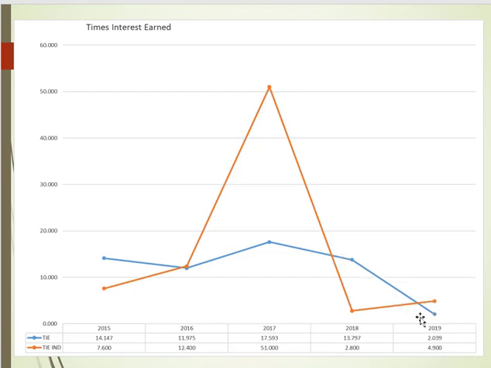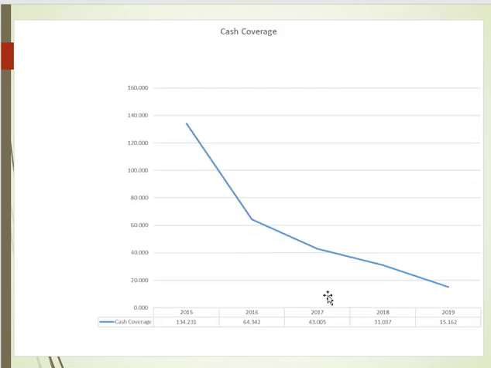So something has happened in this last year that we went from 13.8 to 2. So it was a tremendous drop in our ability to pay on interest. And again, if you look at the cash coverage ratio, you see we went from 31 to 15.